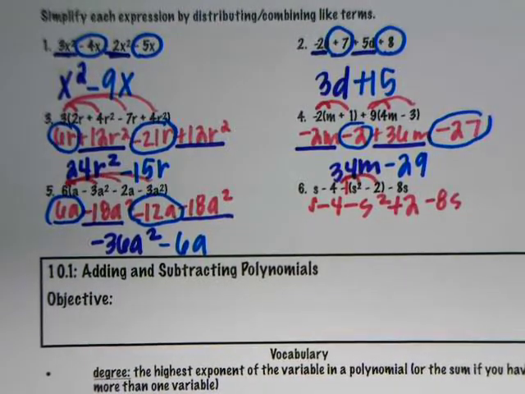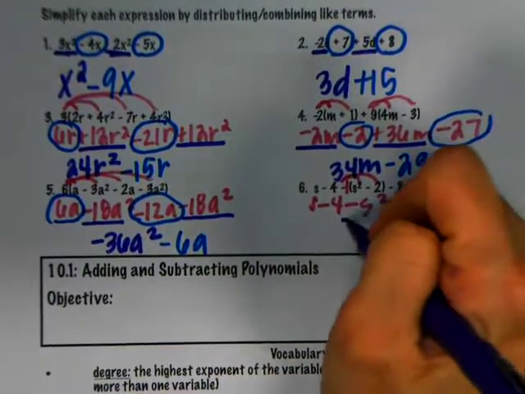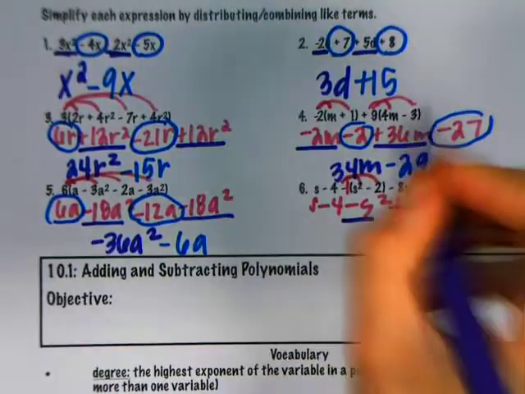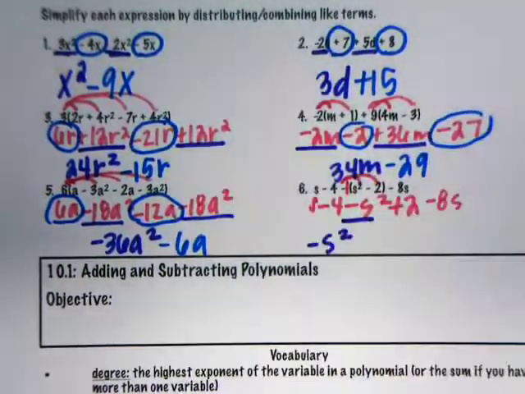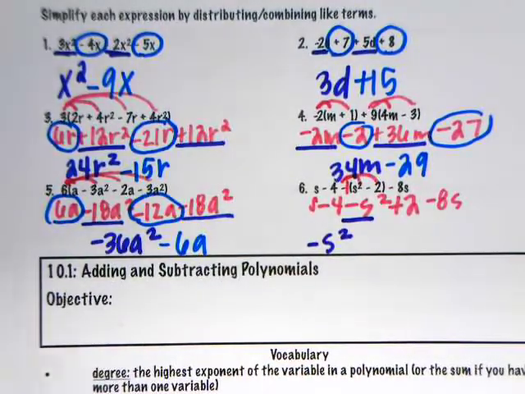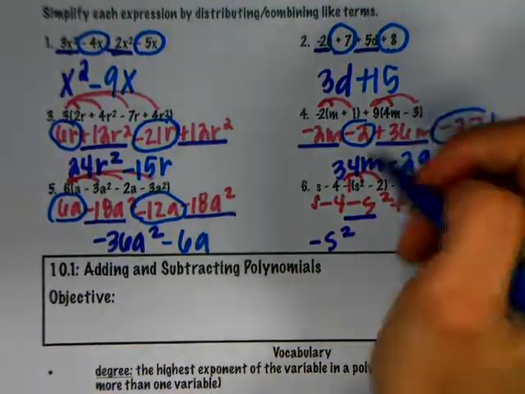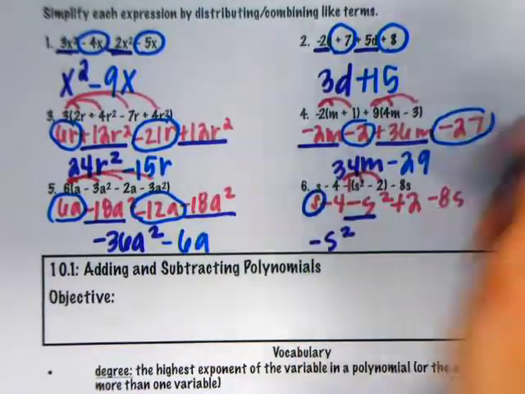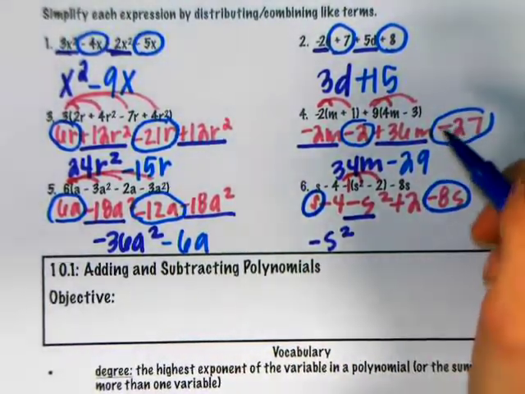So are we all clear on how we did that? The subtraction in front of the parentheses just distributed it. Yes. All right, so now I have just negative s squared with nobody. So just bring that down, negative s squared. I have an s and a negative 8s. What's that going to make?